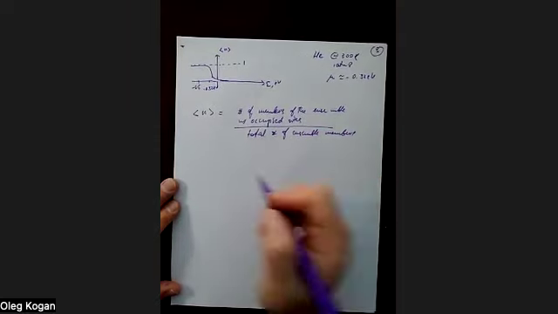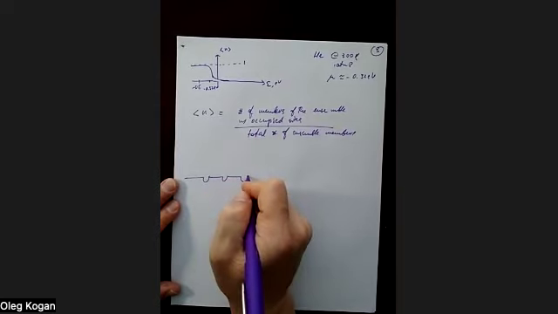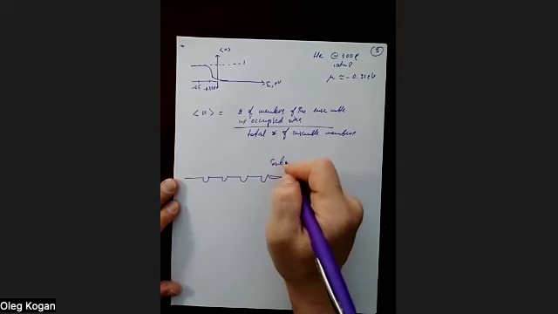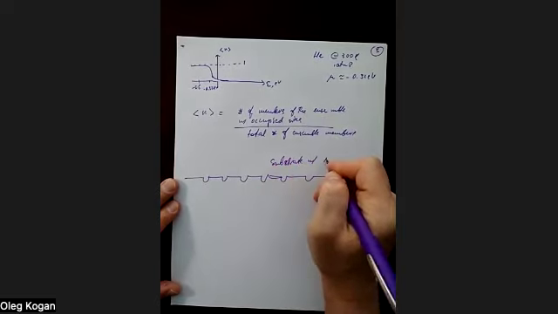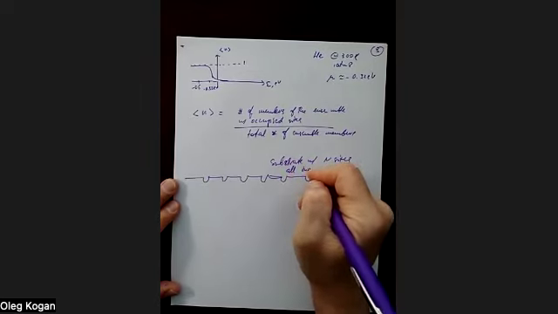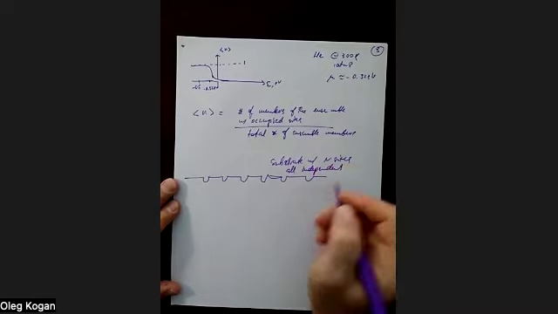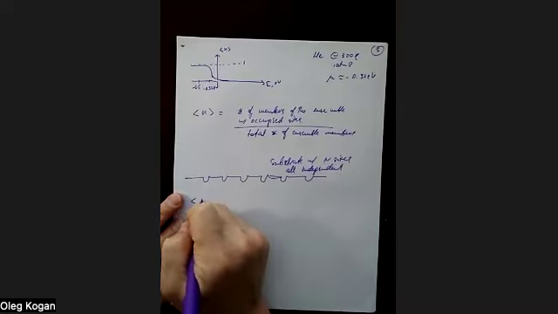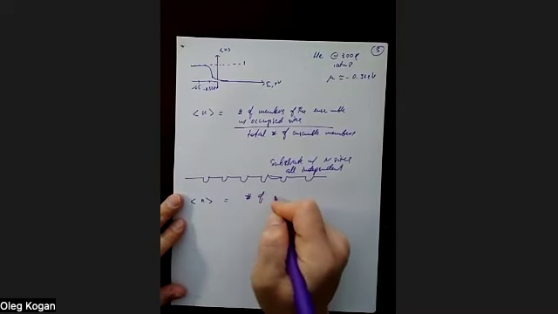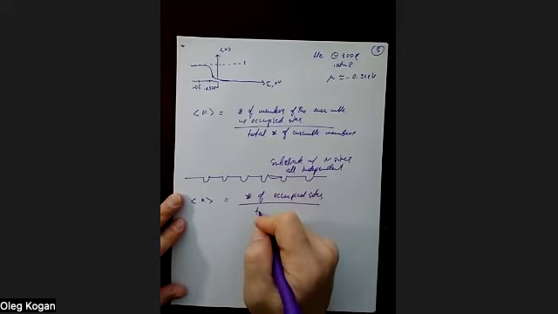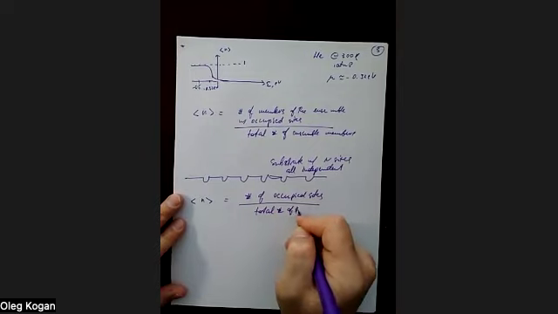But now let's go back to our N-site substrate, right? It's a substrate with N sites, and they're all independent. So this is the ensemble. It's like bring your own ensemble. So therefore, the average occupancy is really the number of occupied sites divided by the total number of sites.